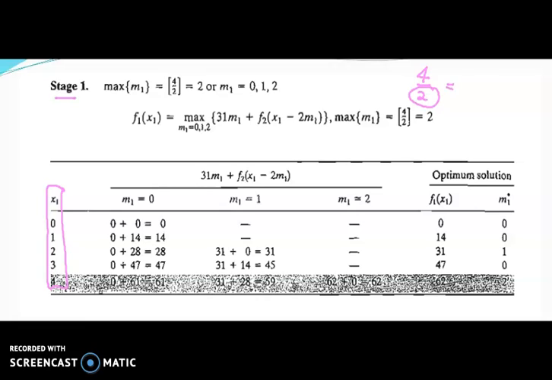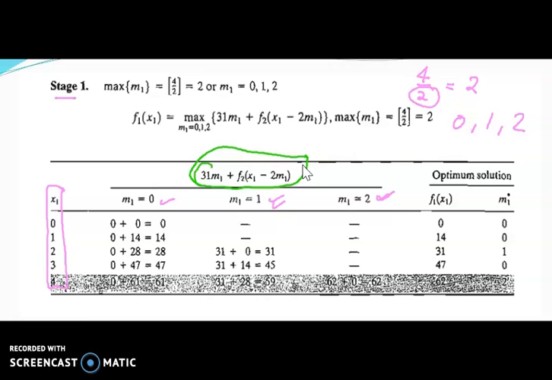So 4 divided by 2 is 2. So for the alternatives, the number of units can be 0, 1 or 2. So you have m1 equals 0, 1, and 2. And the equation here is the same as the one that we obtained in stage 2.